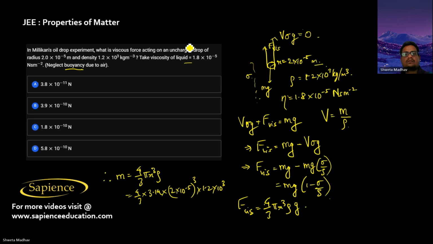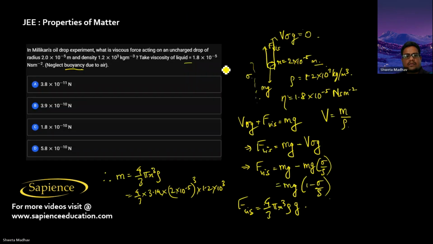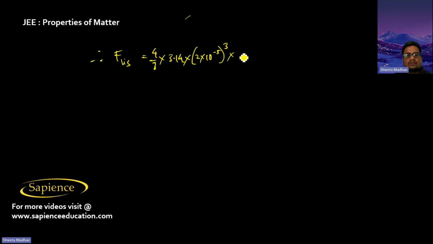Therefore, the viscous force will be equal to 4 by 3 pi into (2 into 10 power minus 5) whole cube into rho 1.2 into 10 power 3 into g, that is 10.